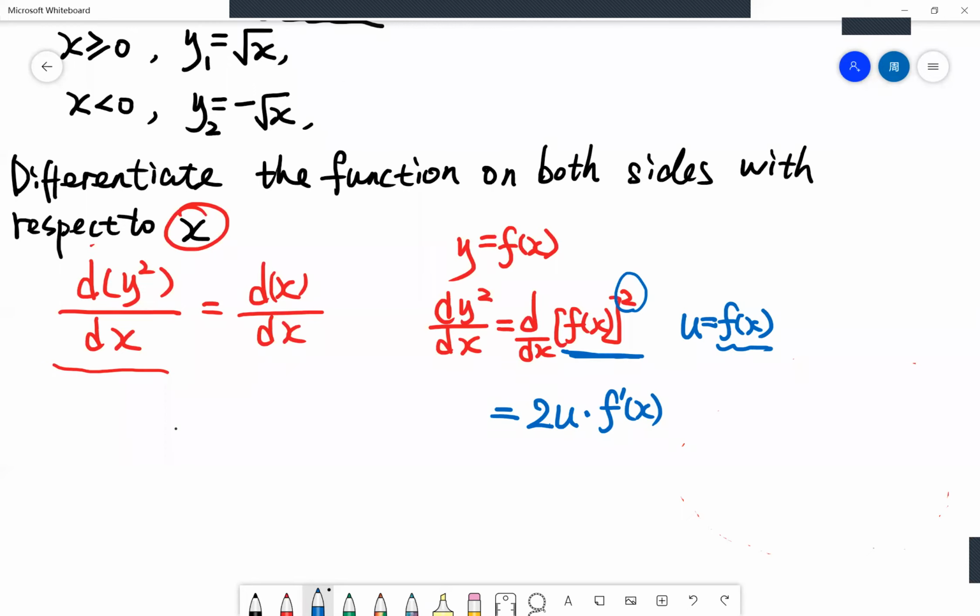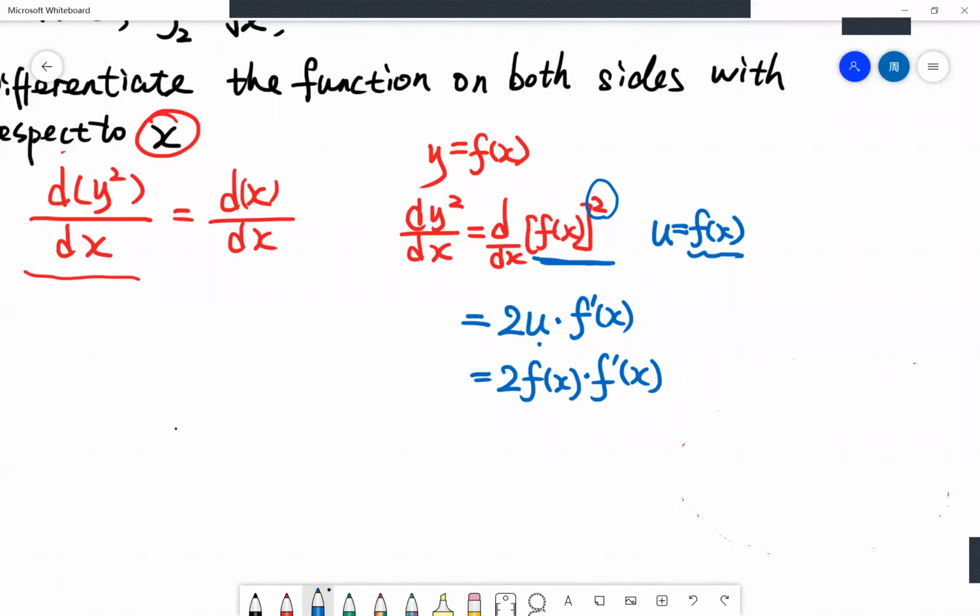Here you can substitute u back, which equals 2 f of x times f prime of x. And we use y to write it, that is 2y times y prime. Okay, I will explain here again.